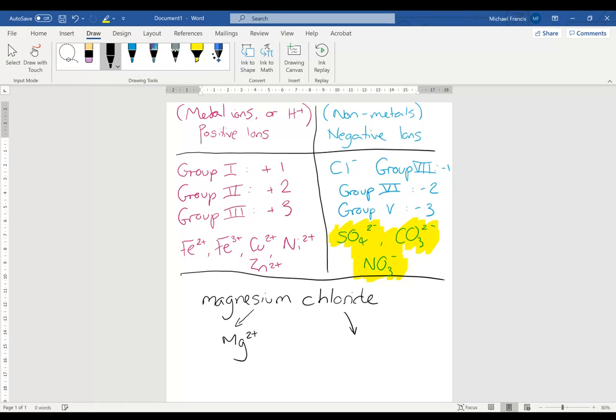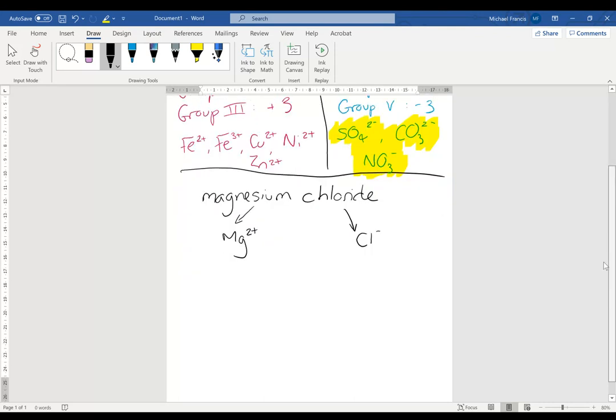The chloride part, it's in group 7, and therefore it's going to have a charge of -1 when it's in a compound. So I'm not saying that magnesium metal has a charge of +2. When it's an element and it's on its own, it doesn't have a charge. It's got a charge of 0. But when it's part of a compound, like magnesium chloride, and you've got 2 bits, then it is going to have a charge, and that charge is going to be +2.